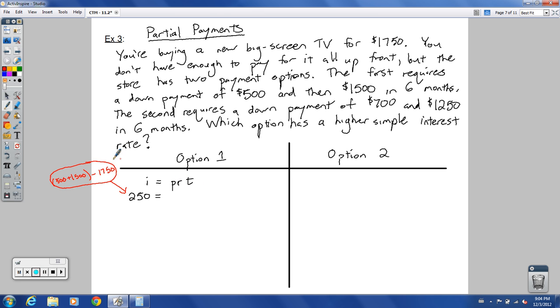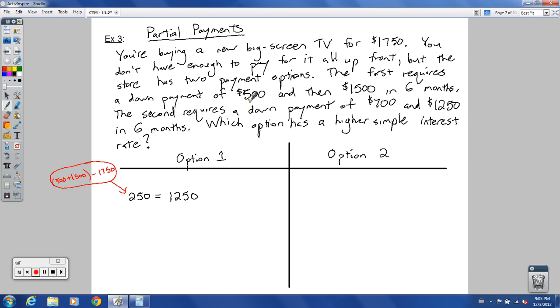The principal here, I'm going to erase this because I need a little bit of space. I wanted to write some stuff here. So just know that that is where these numbers are coming from. In I equals PRT, the principal is going to be 1250 right here. Why is this the principal? Well, you're paying $1,750, the amount you should have been paying straight up for the TV.